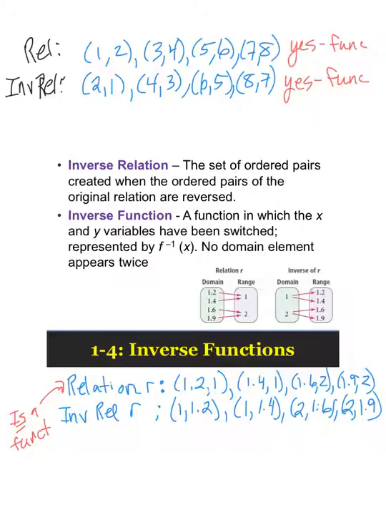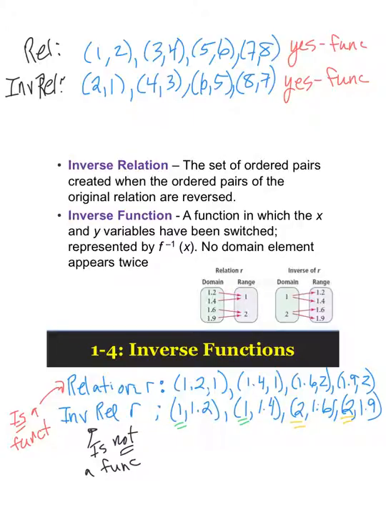But now look at its inverse. 1, 1, there that x value repeats. So I'm going to underline those. So you've got 1 and 1. But you also have 2 and 2. But it doesn't matter because as soon as I saw the 1 and the 1, immediately this is not a function.